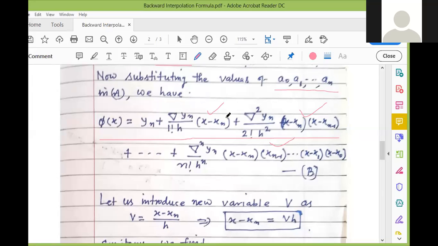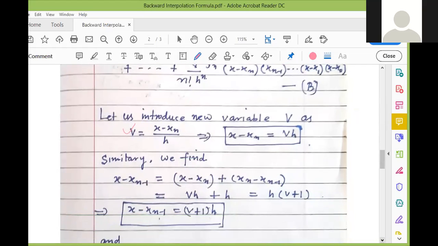Earlier, in Newton's forward interpolation formula, this was x minus x naught upon h. Here h is the interval of the difference, or the width of arguments, and in this way we have discussed a lot on the introduction of this new variable. Therefore x minus xn is written as vh, and x minus x1 is equal to vh.